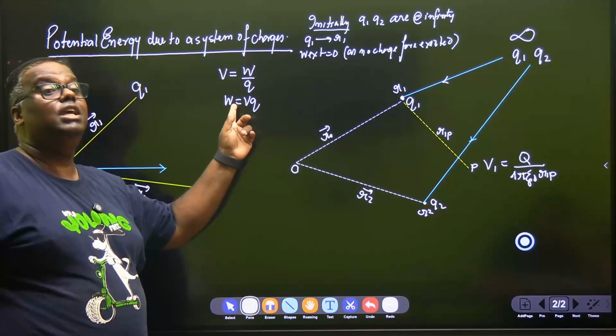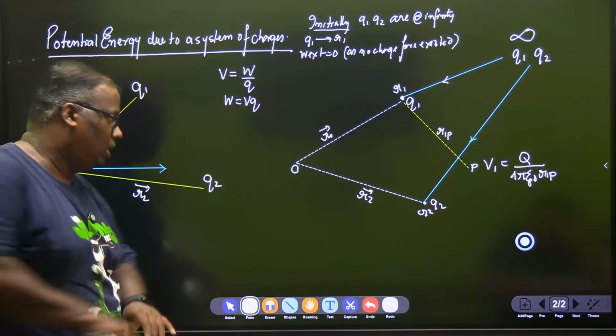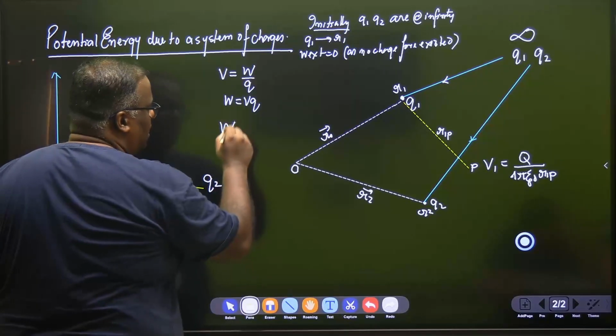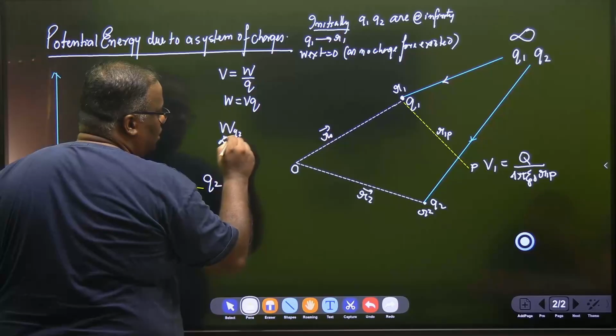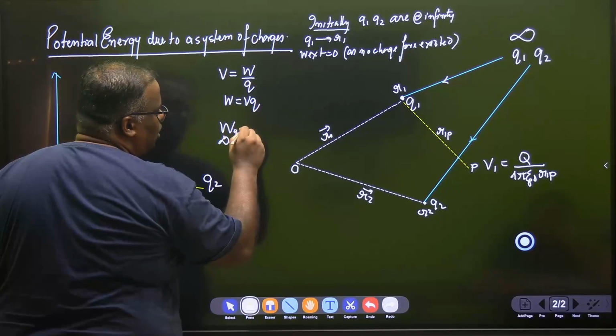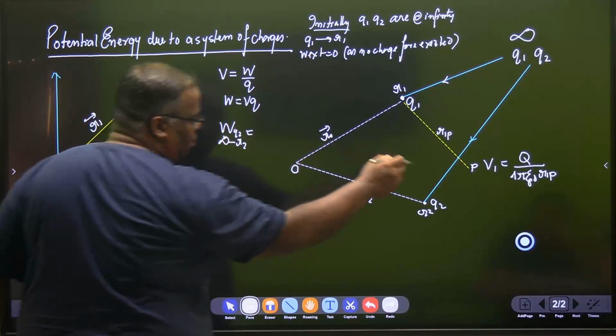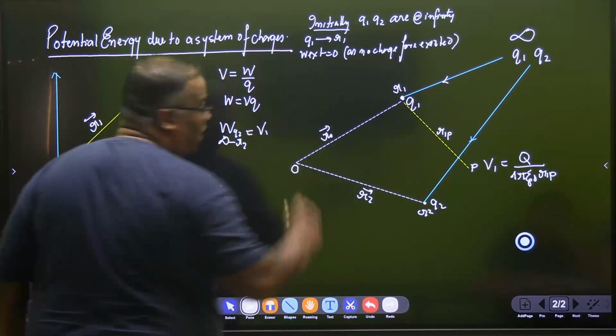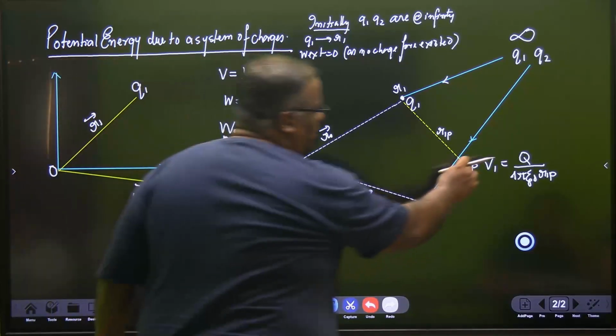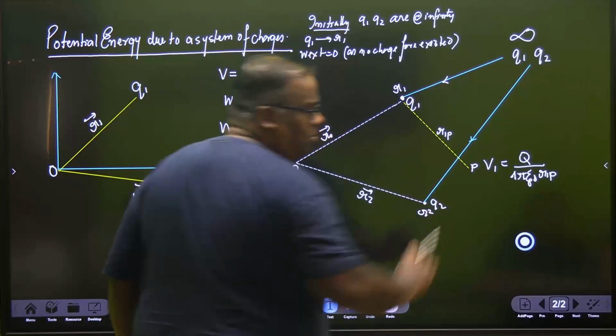Work done in bringing Q2 from infinity to the point R2 should be equal to the potential which is existing at that place. Say that potential is some V1. You took this point as P, take it as this, it is the same thing.